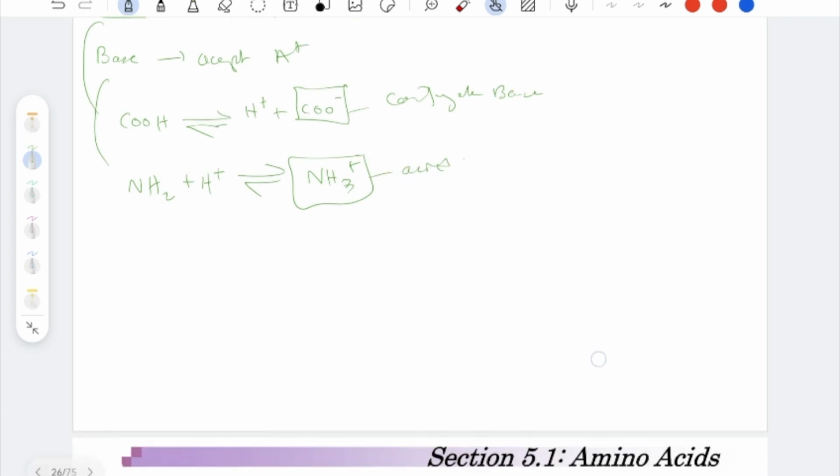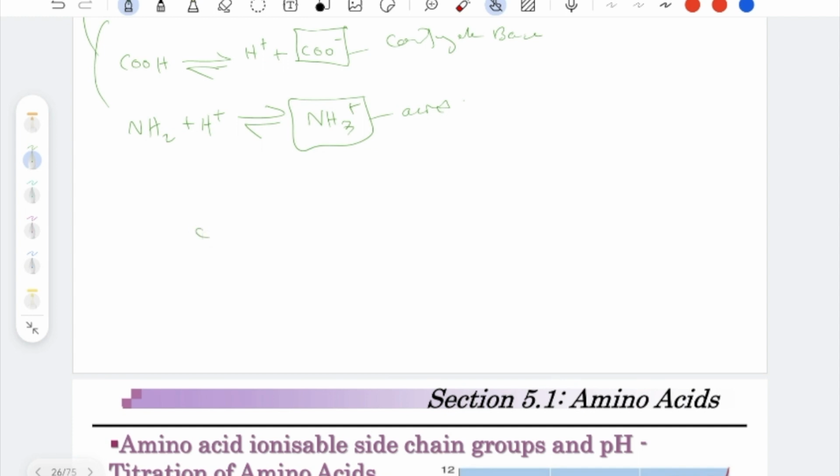Okay? Now, let's go through the structure of the amino acids. COOH, H, NH2, and the R group. Let's focus first of all on the main ones, then we'll go through the R group.